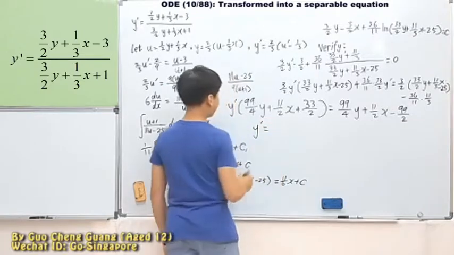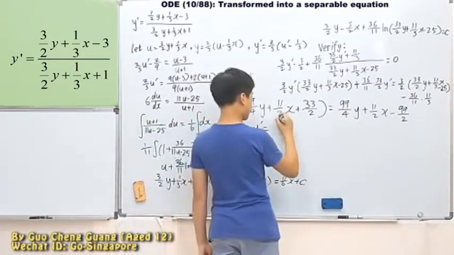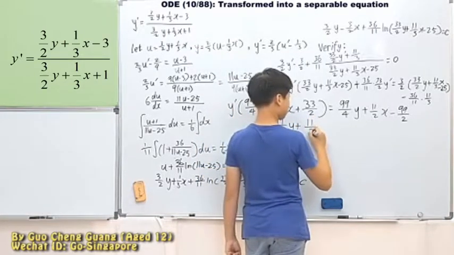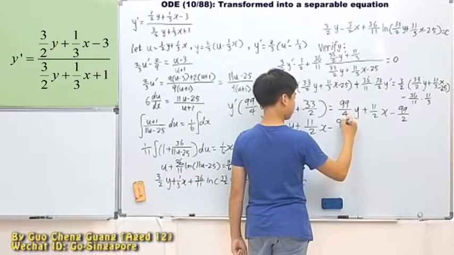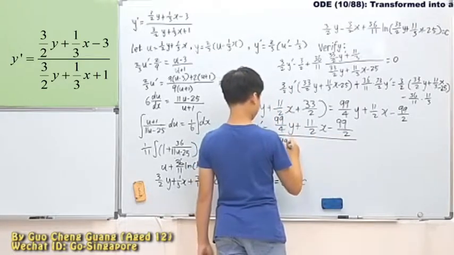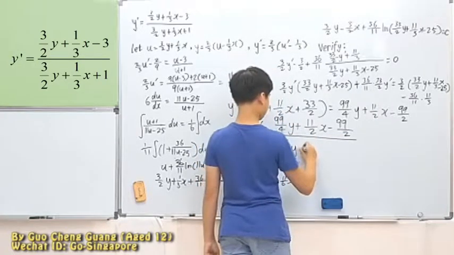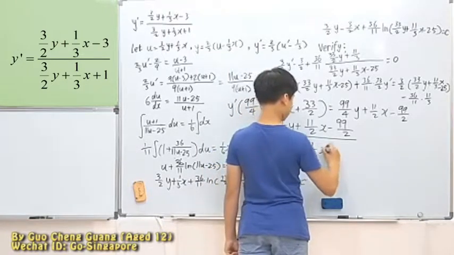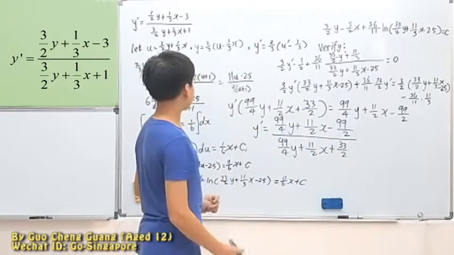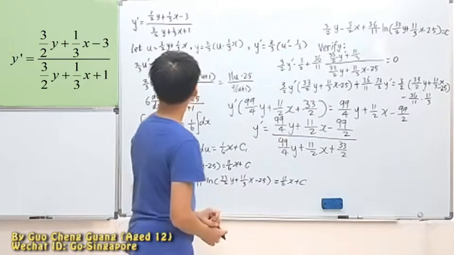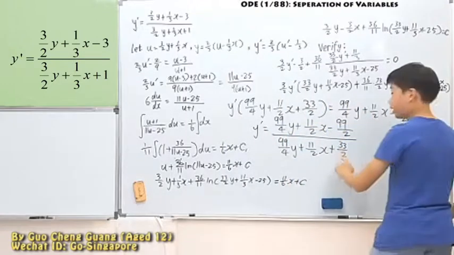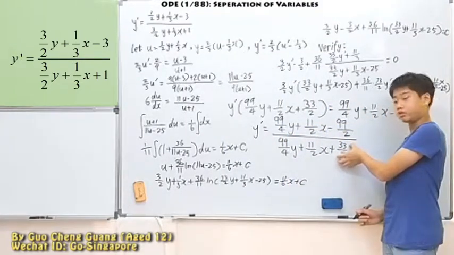Then for y prime, let me write this whole thing down first. After that, for this part, with a comparison, here you need to have 1, so of course you divide by it. This is 33 over 2.